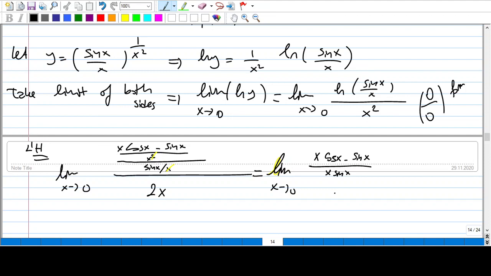Do we have a mistake here? The x cancels, x times sine x, no, it's okay, over 2x. So it means I have 2x squared sine x here.